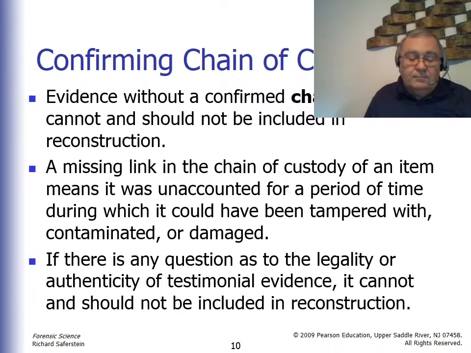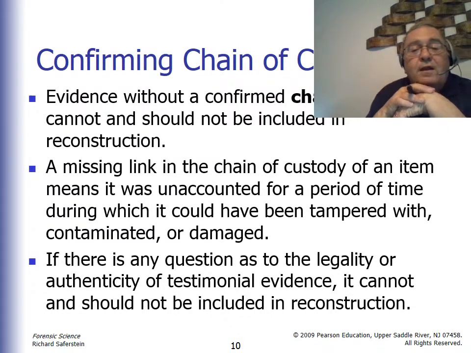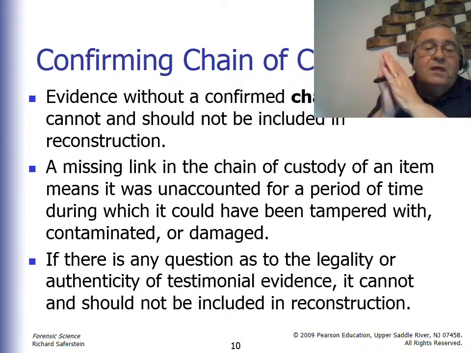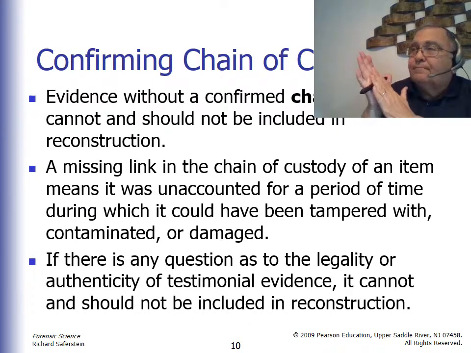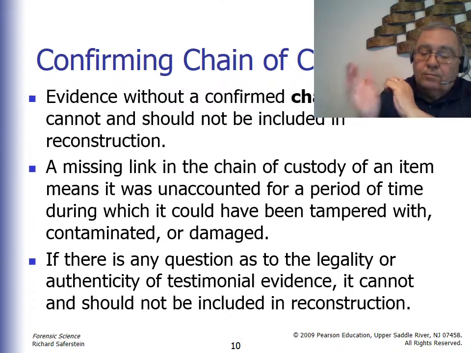Chain of custody, another very important term that we've talked about. Evidence without a confirmed chain of custody cannot and should not be included in reconstruction. And the reason for that, if you cannot prove your chain of custody, that evidence will not be allowed to be presented in the courtroom.